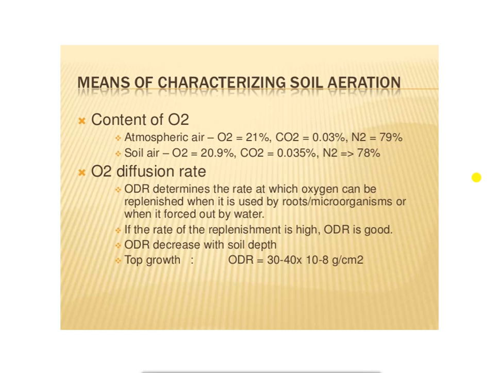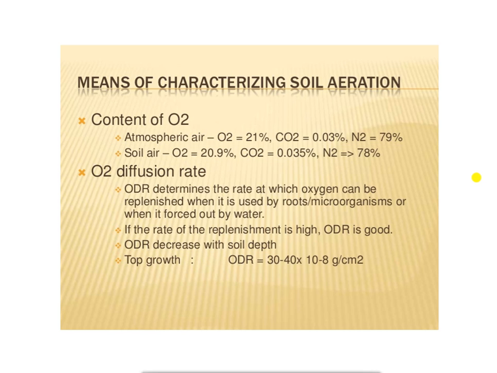Then characterization of soil air depends on content of oxygen, oxygen diffusion rate, and content of water. Atmospheric air contains 21% of oxygen, 0.03% of carbon dioxide, and 79% of nitrogen.